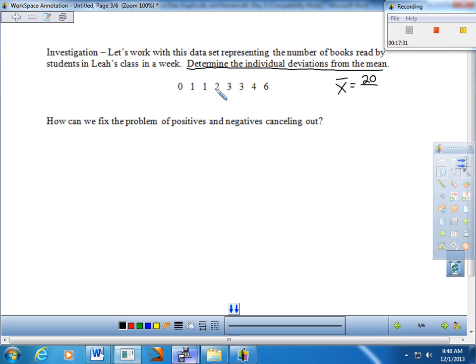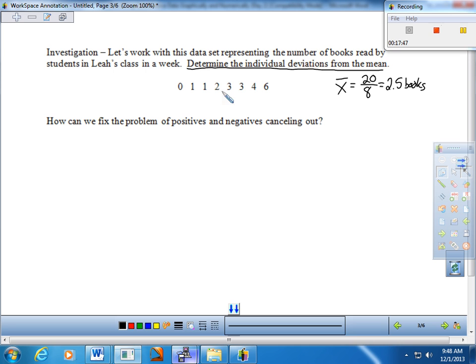And what did we say? 2, 4, 6, 8 values total. So to find the mean, 20 divided by 8 would be 2.5 books. So the mean, of course, is 2.5 books. And by the way, that would be right in here. I don't want to think of it as a median, but 2.5 is obviously right in there as the mean. All right, keep that number in the back of your mind.